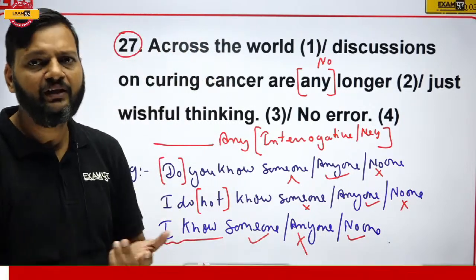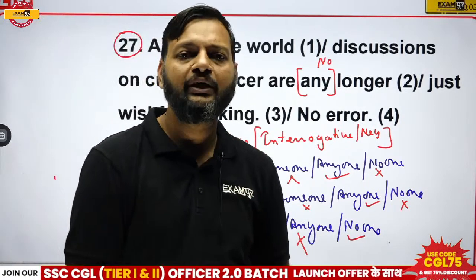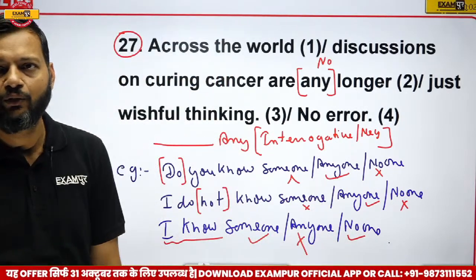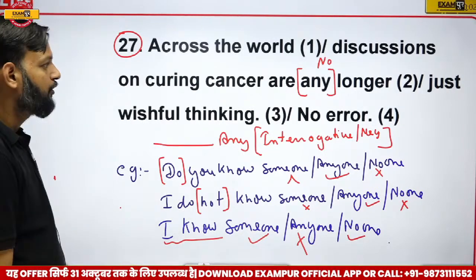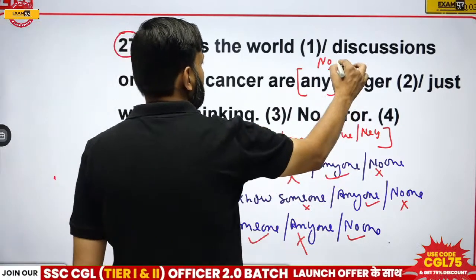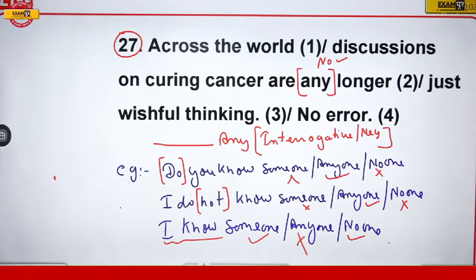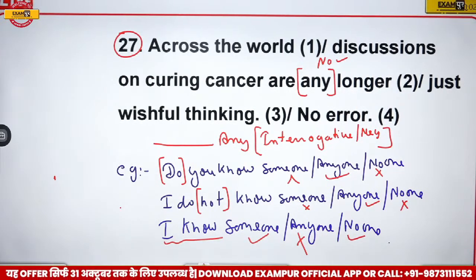The difference is clear: anyone has to be used when the sentence is interrogative or negative. So here any will be replaced by no. Clear?